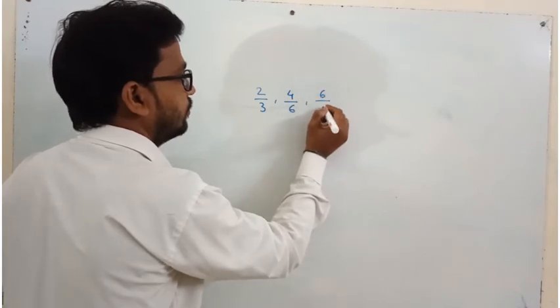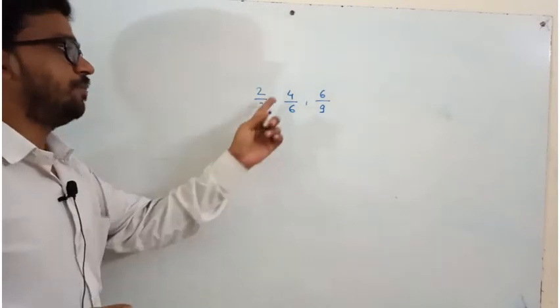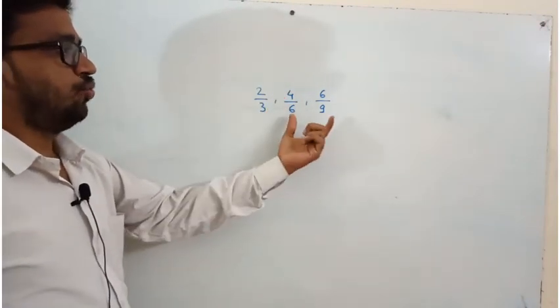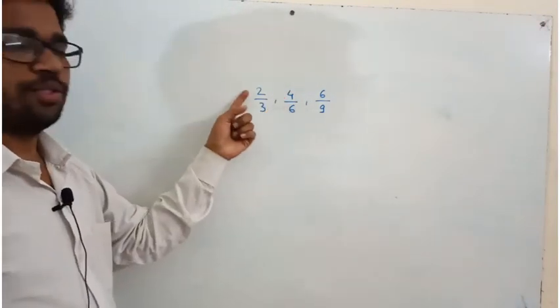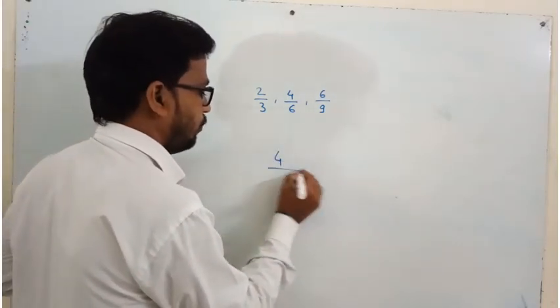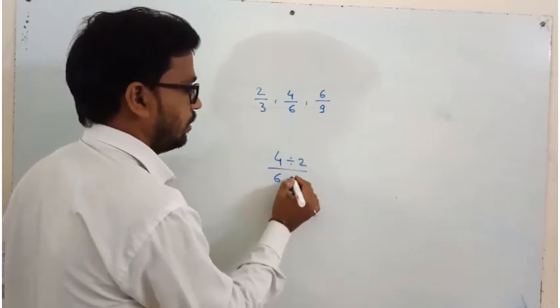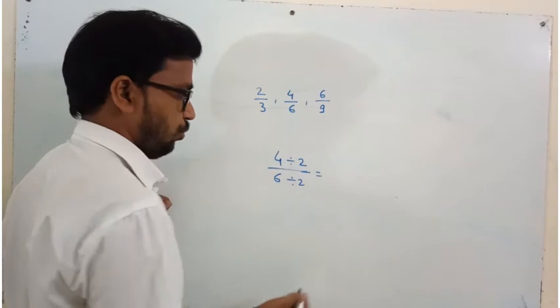Then 6 by 9. If we simplify these two fractions, we get 2 by 3. How? Suppose it is 4 by 6, and we divide both numbers by the same number, which is 2.